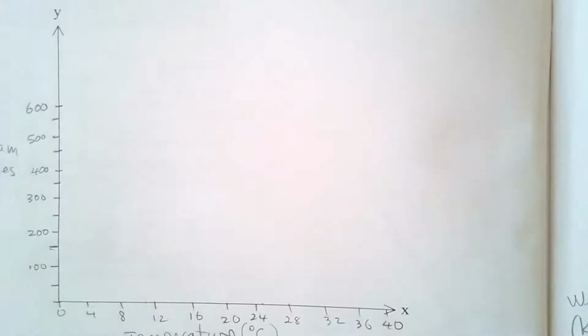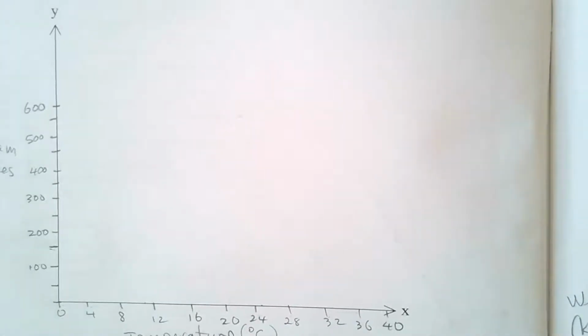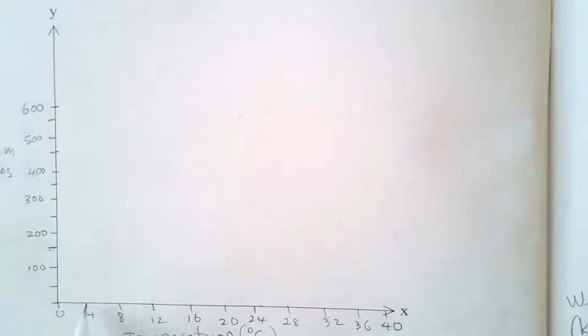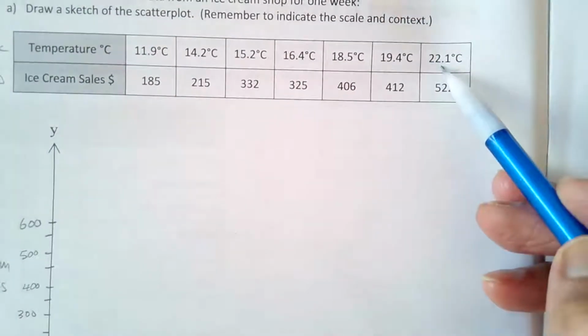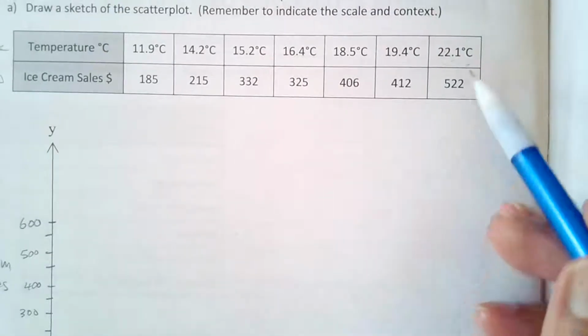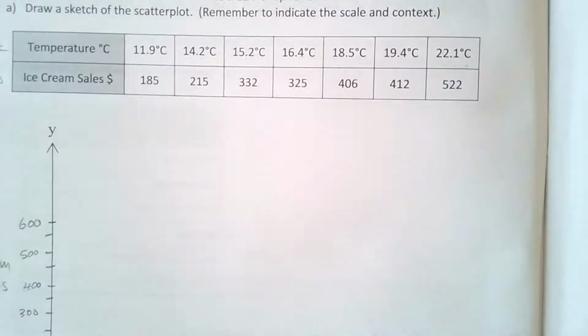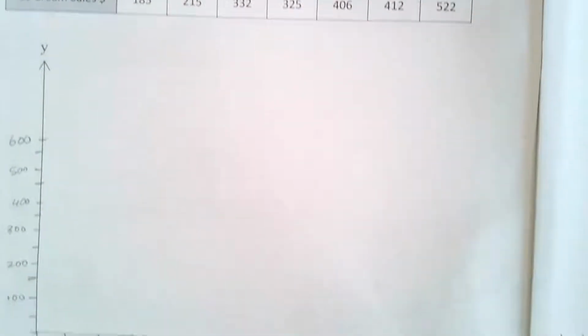So it goes up in equal increments. As long as these are equal, you can indicate your scale. I have more than 22.1, which is about here. I have extra, so I can extrapolate if I would like to.